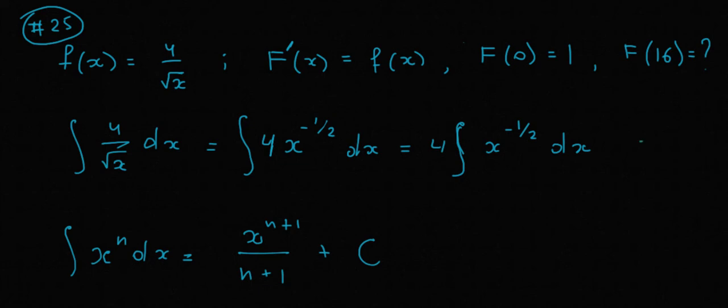So if we do that here, we will get 4 times x to the power negative 1/2 plus 1, all divided by that new exponent of negative 1/2 plus 1, plus the constant of integration.